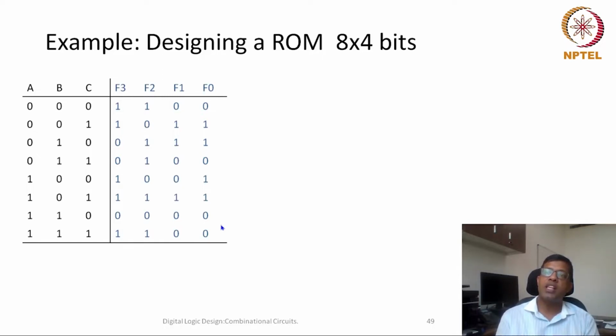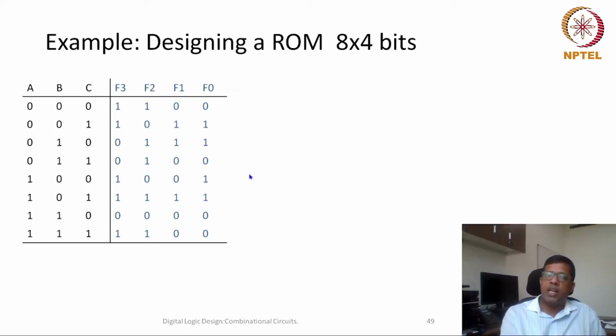So we can write the content in sort of a file or basically an array, and we say that this is the content of my read only memory. Now if we specify the content at each and every address, then it looks like a sort of a truth table. Now I want to design such a read only memory.